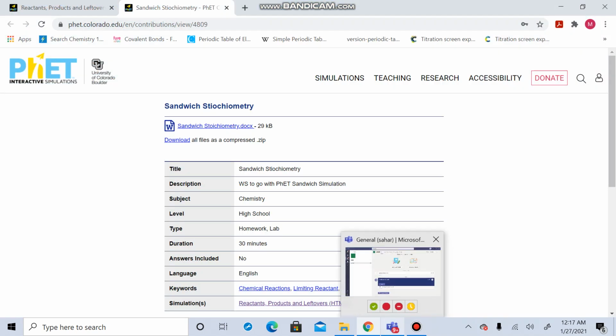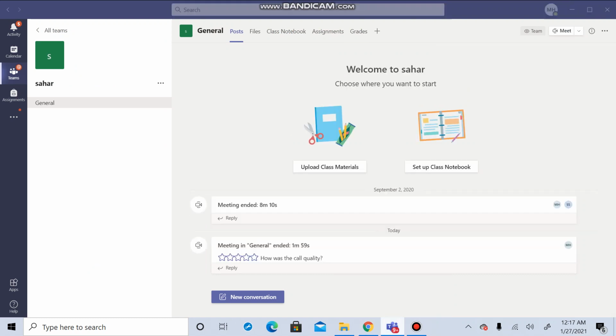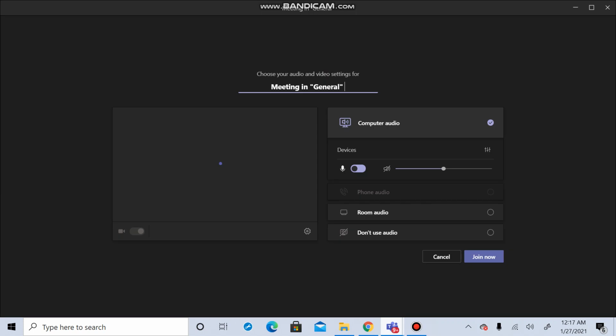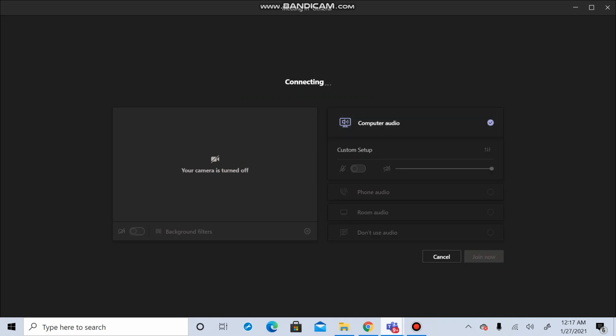What I normally do regarding the group work is, after I do a meeting with my students, I divide them into groups via the breakout rooms, the really nice rooms.